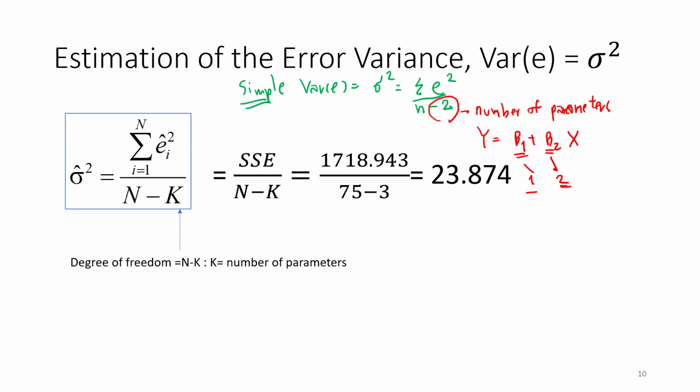This is the root of the formula. So multiple regression has the same formula for variance of error, but we change it to n minus k, where k is the number of parameters. And we call n minus k the degrees of freedom.